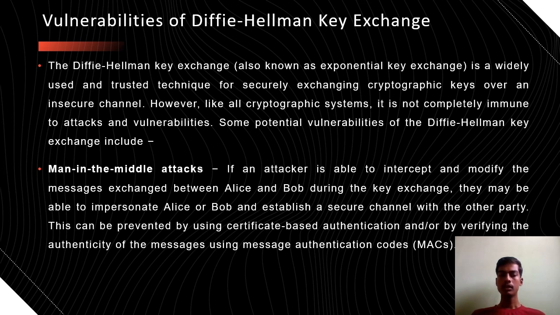If an attacker is able to intercept and modify the messages exchanged between Alice and Bob during the key exchange, they may be able to impersonate Alice and Bob and establish a secure channel with the other party. This can be prevented by using certificate-based authentication or by verifying the authenticity of messages using message authentication codes, that is MACs.